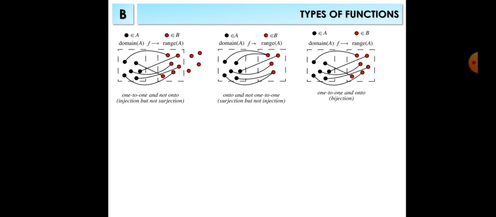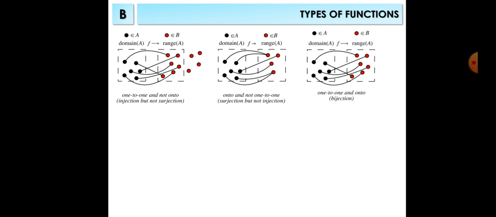Next, in the second one, we can see that every element of the codomain is related to some element of the domain. So every element of the codomain has a pre-image. So if they have a pre-image, then this function is an onto function.